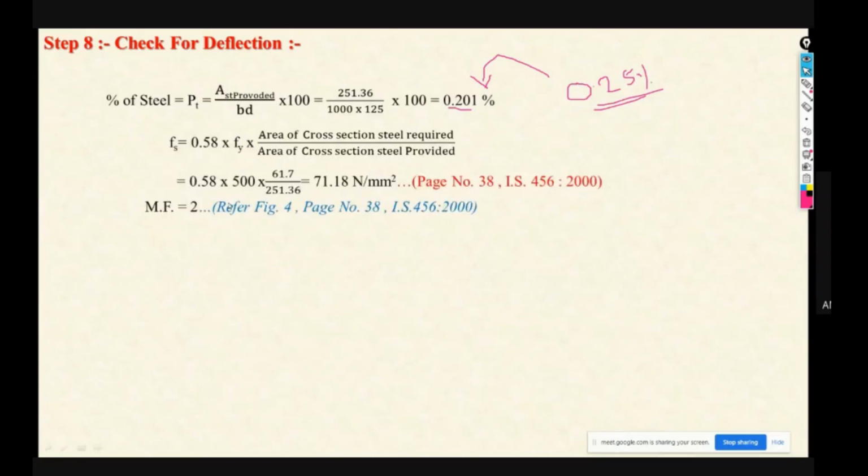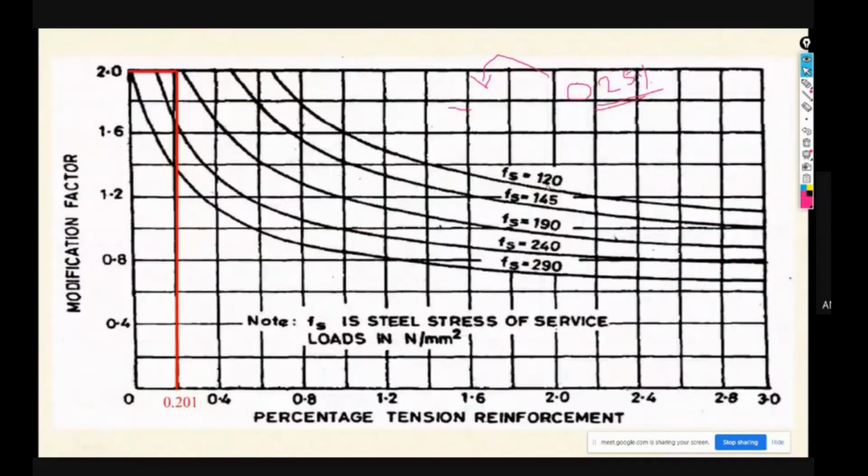So 0.58, Fy is 500, required steel is 61.7, provided is 251.36, so Fs is 71.18 Newton per mm square. Let's say 70. Now the Fs line for 70 Newton per mm square.